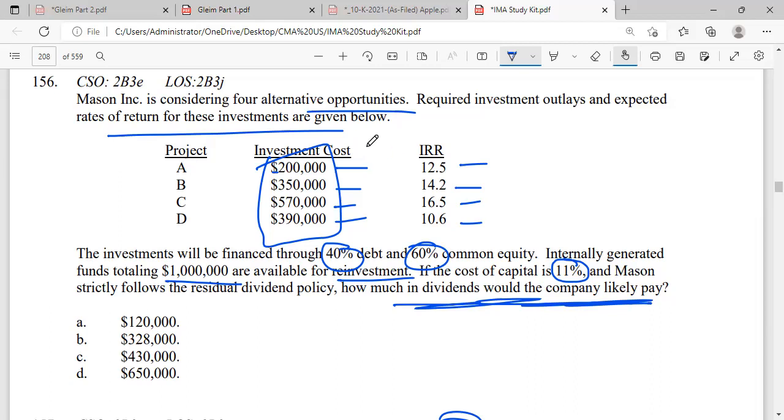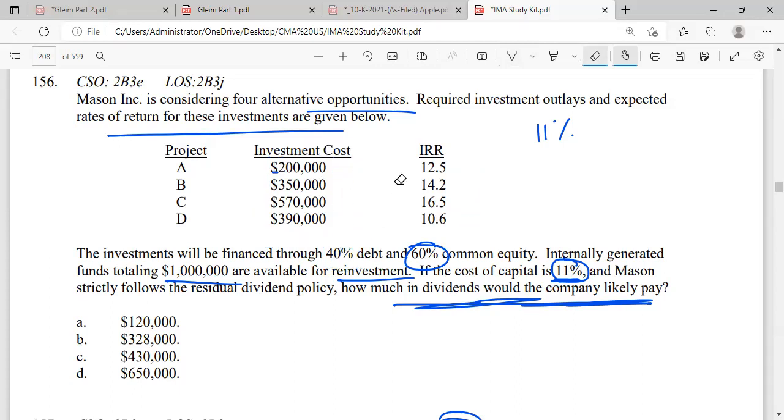Just look into this. If you see here in this question, he has given cost of capital is 11%. When cost of capital is 11%, tell me which of the projects will be approved first of all. Out of these, what projects will be approved?